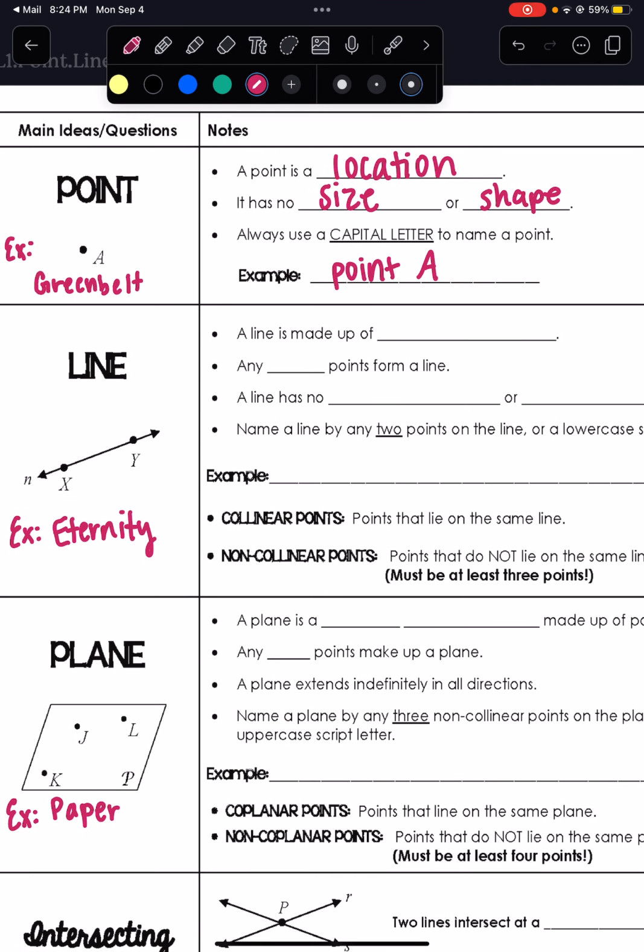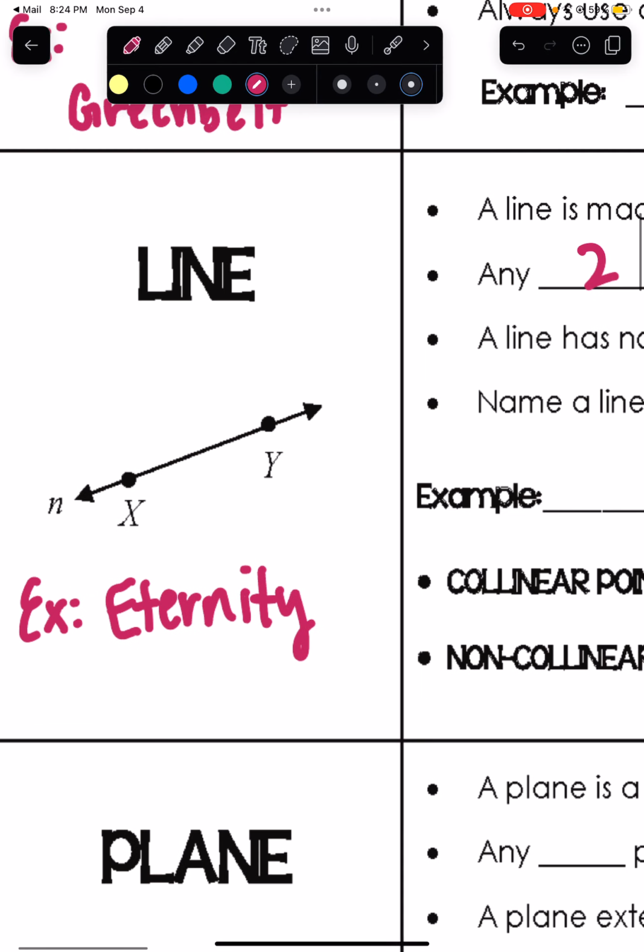Cool. Next we have line. So a line is actually made up of points. So a line is like bigger than a point. So point came first, and then on a line we'll have many, many, many points. Any 2 points form a line. So over here you can see in this picture we have 2 points, right?